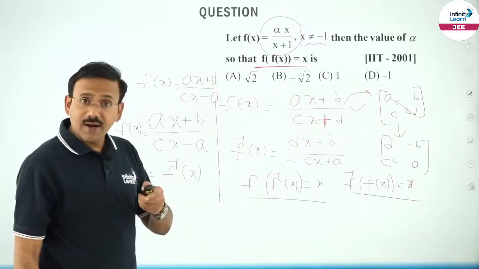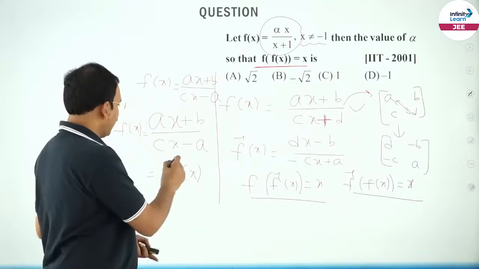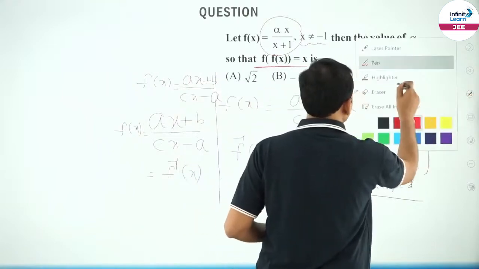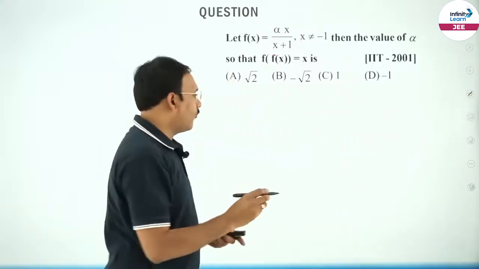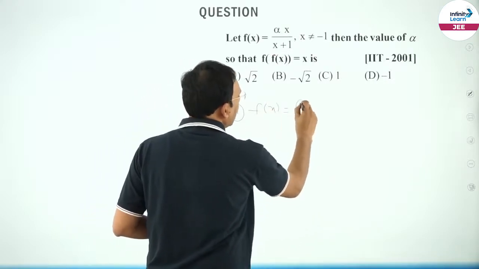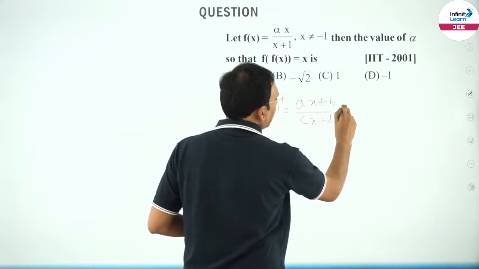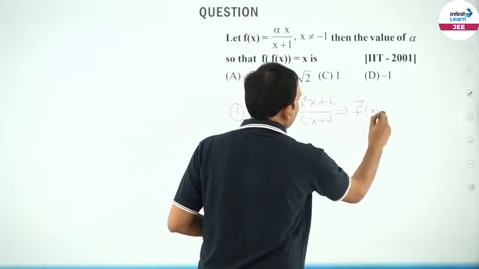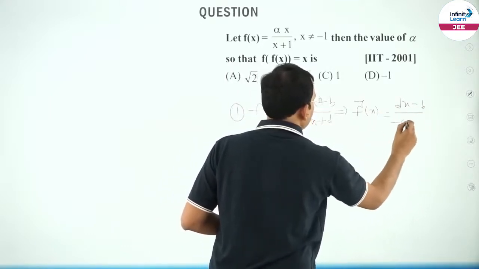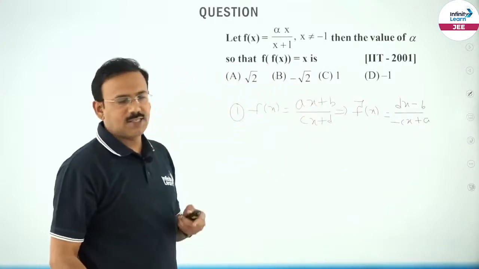And hence f inverse of x can be the same for such functions. Let me repeat, my dear friends, here I have given a mechanism, formula number 1: if f of x is (ax plus b) by (cx plus d), f inverse of x is nothing but (dx minus b) by (minus cx plus a). You just interchange a and d, and change the sign.